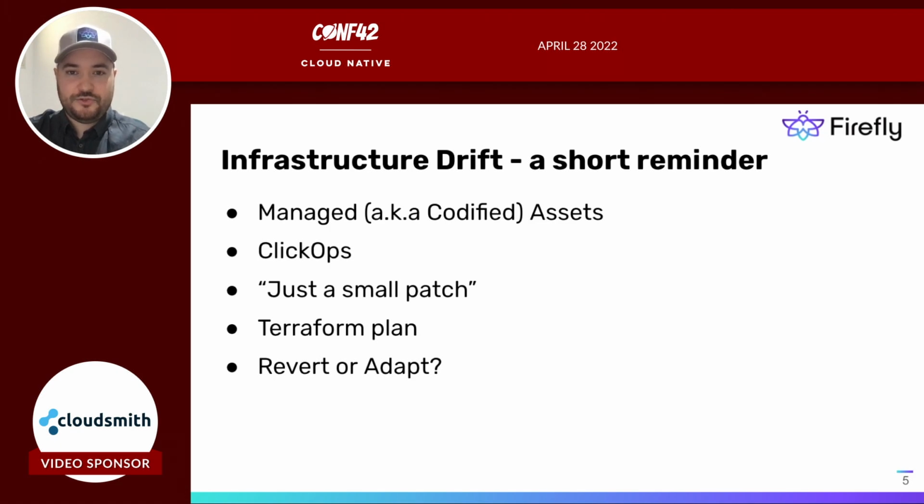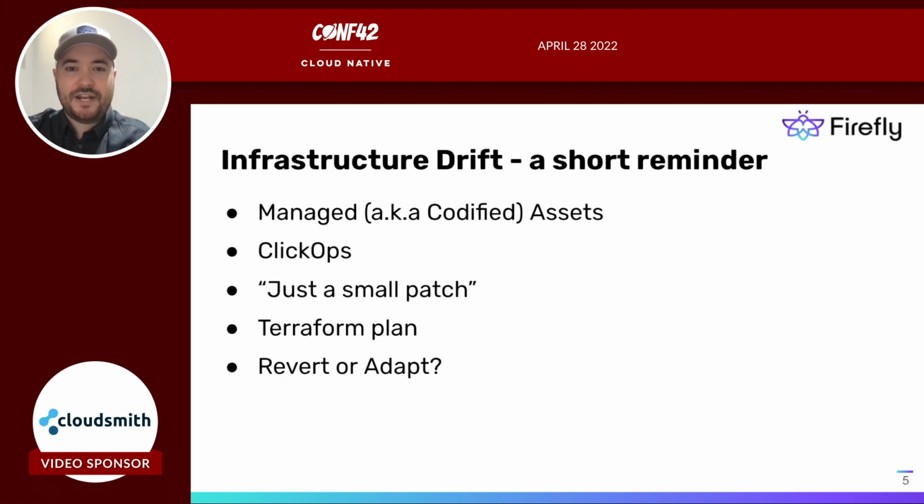Infrastructure drift, a short reminder. When we manage cloud assets with Terraform or any other infrastructure as code, we do that for multiple reasons: speed, consistency, versioning, documentation, and decreased risk.